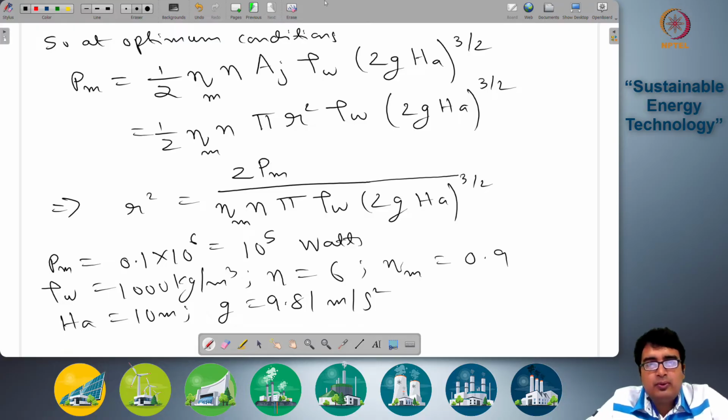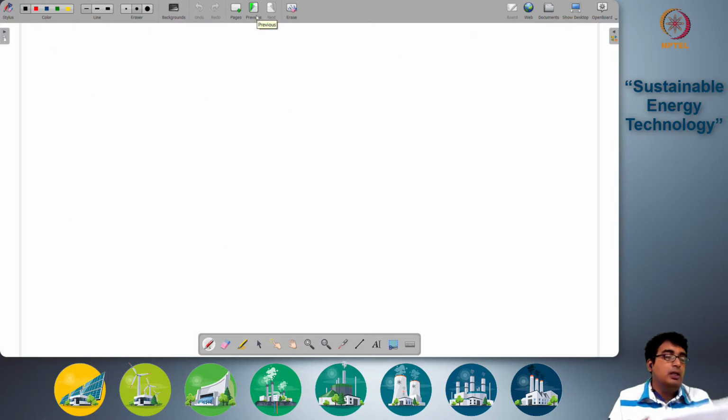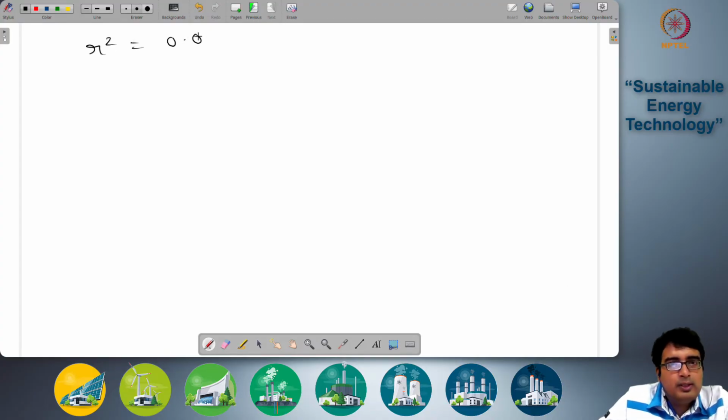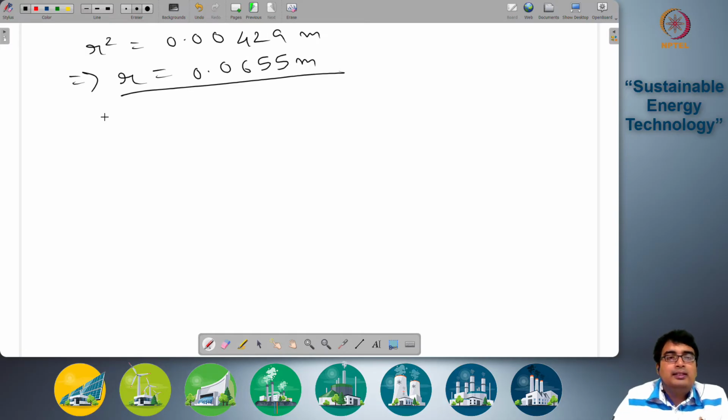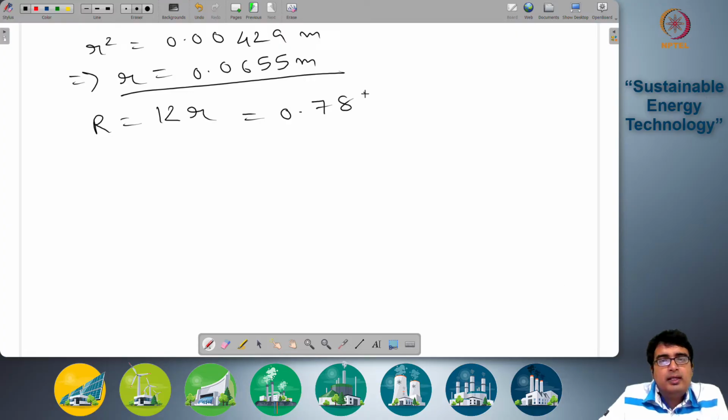So you can put all of these values together and you will get r square equal to 0.00429 meters squared, which implies the nozzle radius r is 0.0655 meters. Then the wheel radius capital R is basically 12 times the nozzle radius small r, because our capital R by small r is 12, so this is 0.786 meters.